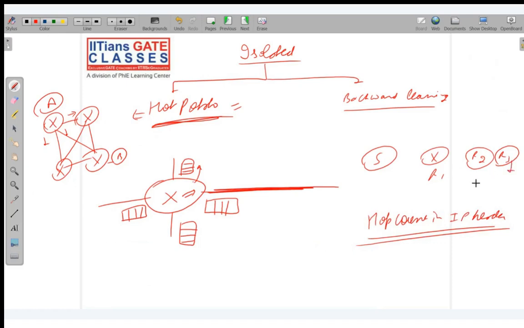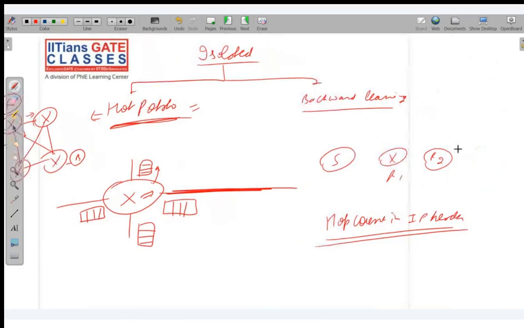So R3 will see that a packet has come from the source. Let us suppose this is port number 1 of R3. R3 has received a packet from the source, and it has come from port number 1.